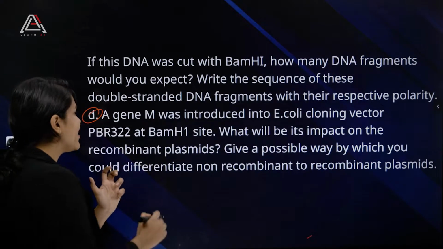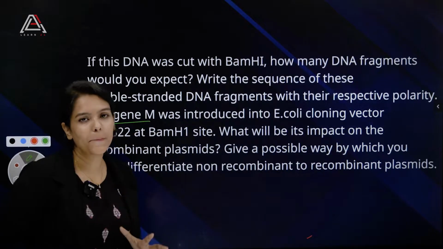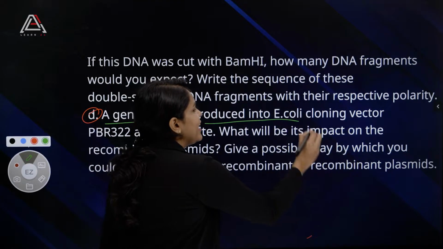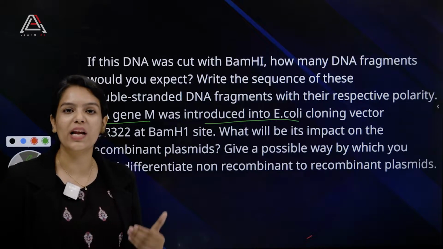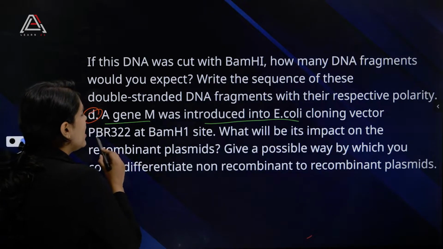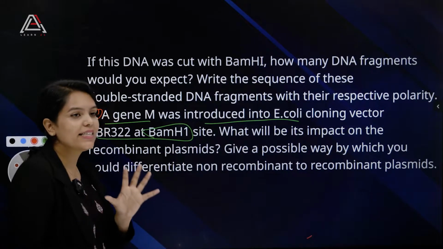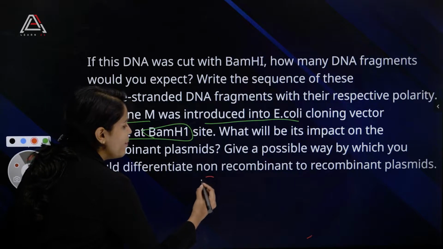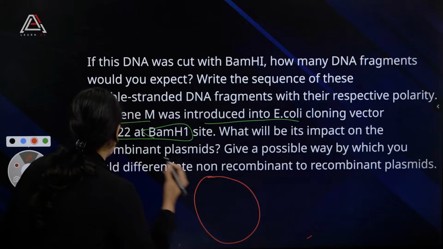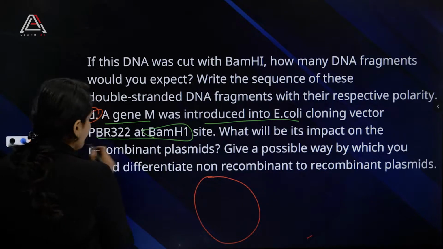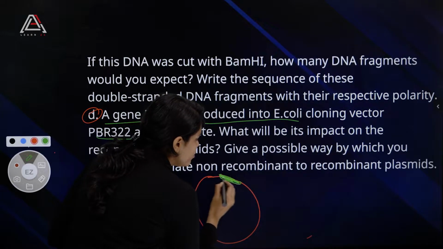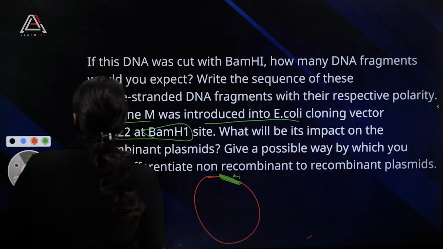Here they are giving a gene M. It is basically introduced into an E. coli cloning vector at the BamHI site. So gene M is being introduced here into this cloning vector, right?